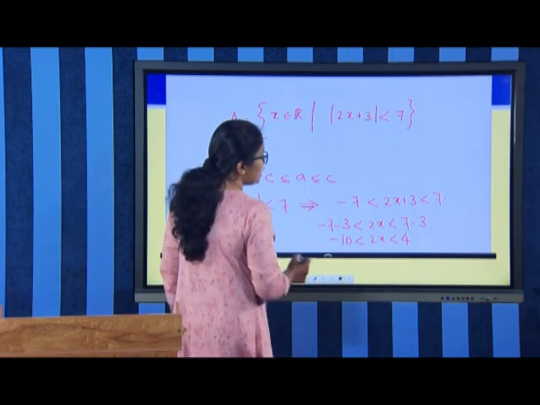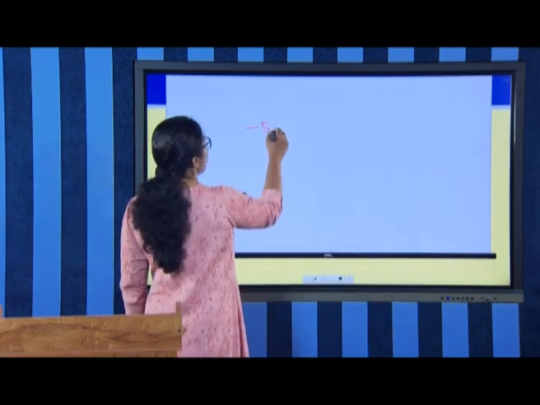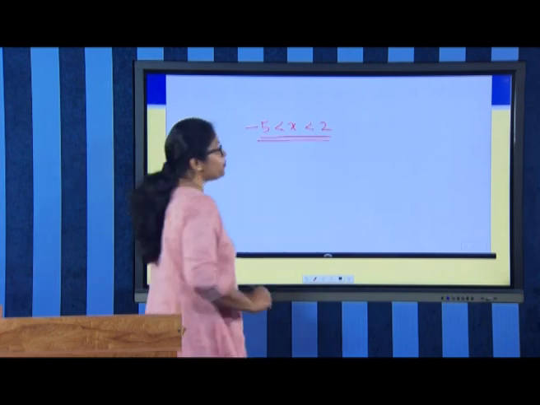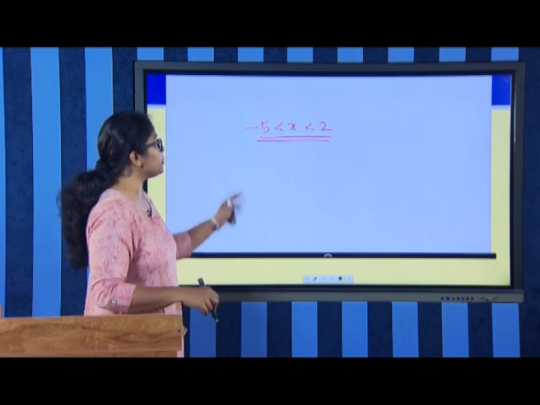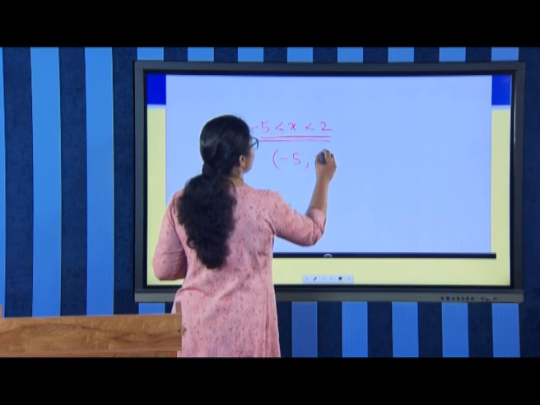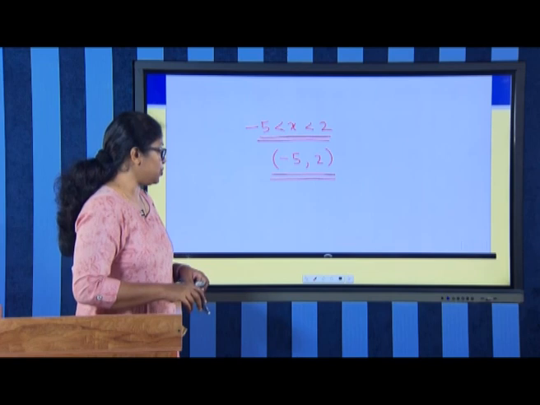So, we have negative 5 less than x less than 2. So, the set of all x values satisfying that inequality is nothing but the open interval negative 5 up to 2. So, this is the final solution.